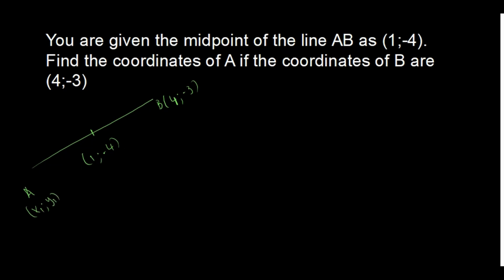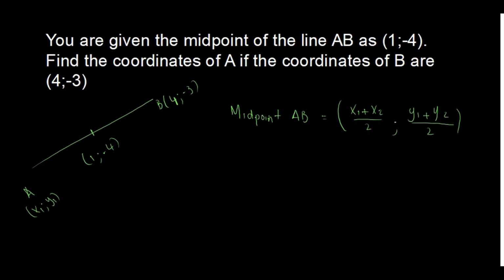What do we know? We know that the midpoint of line AB is given as (x1 plus x2) all over 2 and (y1 plus y2) all over 2. We are looking for the x coordinate of A and the y coordinate of A, so we're going to separate this.